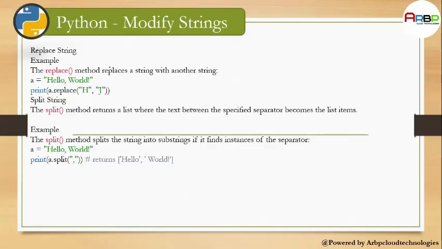I will first choose b, comma, and write the replace function here: replace, H comma W. It will not work because I have done it in small letters.